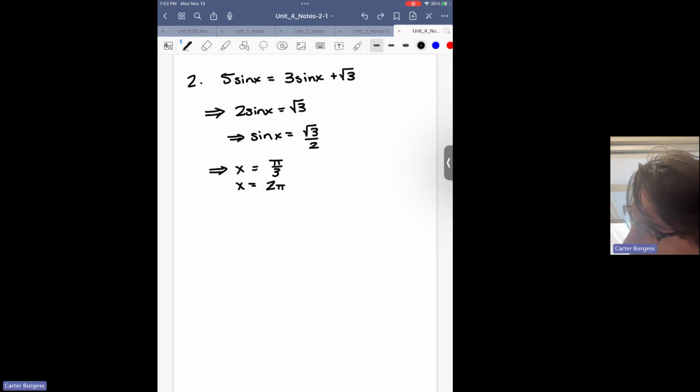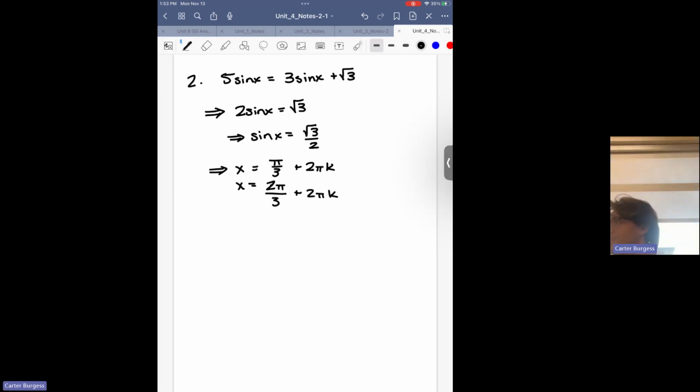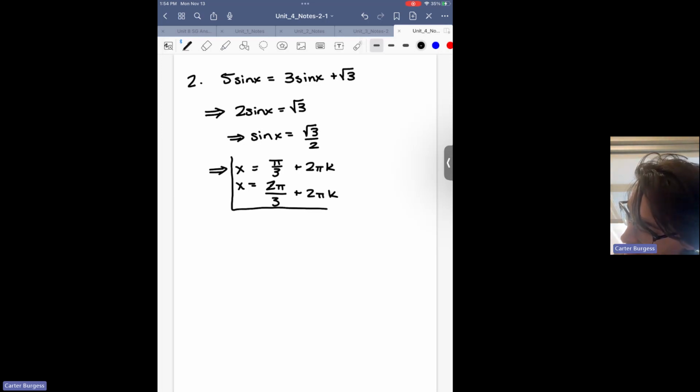And what do I do to each of these to account for coterminal angles? Plus not just 2 pi, but 2 pi k to both of these nodes. Yeah, as it is right now, this is the answer.